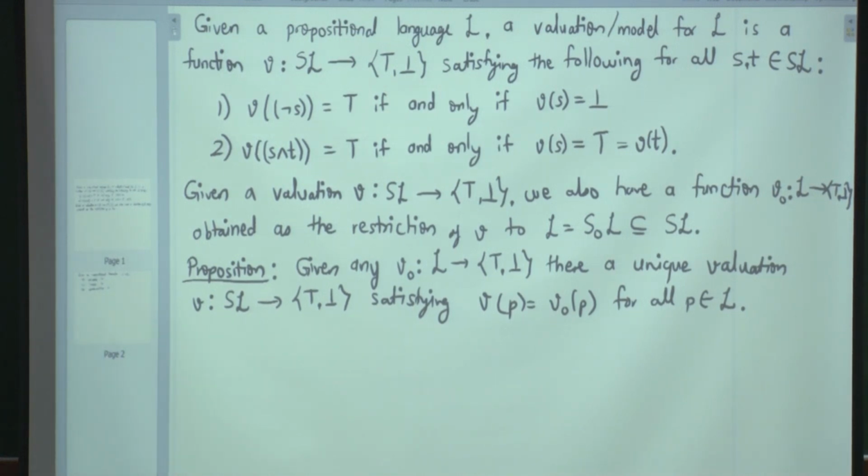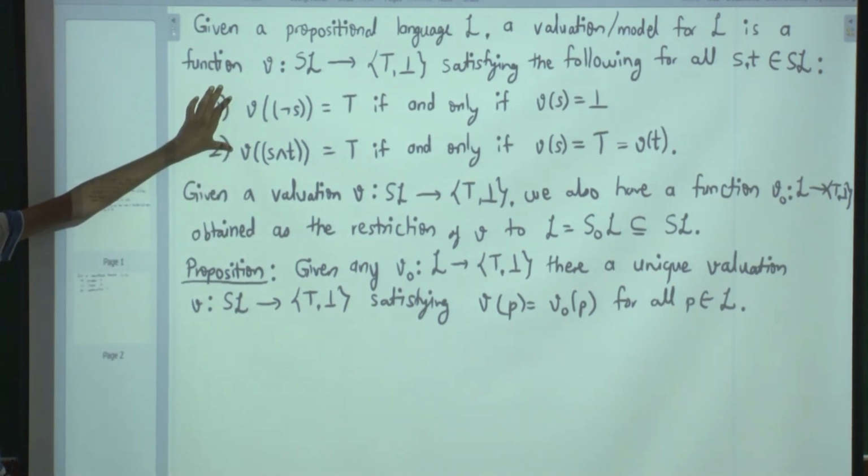See, if I have variables P and Q, and I know the truth values of P and Q, then can I assign the value to P conjunction Q? Can I assign a value to negation Q? So everything is automatic, right? I mean, checking this is very hard.